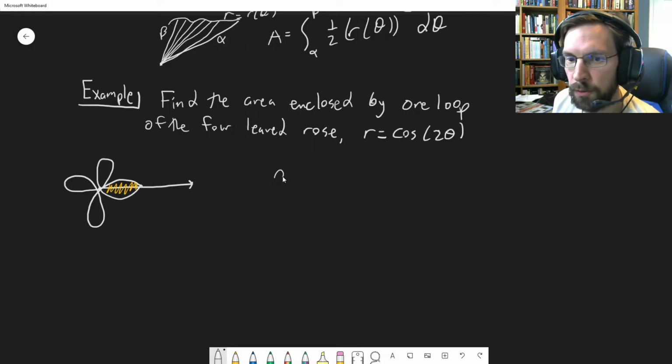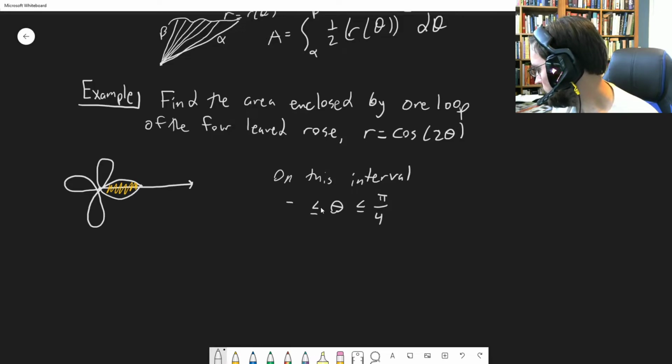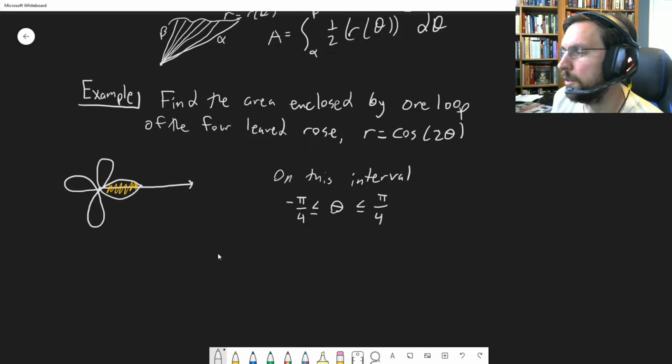On this interval, our value for theta is going to go from negative pi over 4 to pi over 4. So how do I know I go from negative pi over 4 to pi over 4 and not, say, 0 to 2 pi?